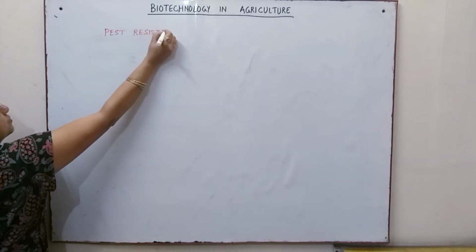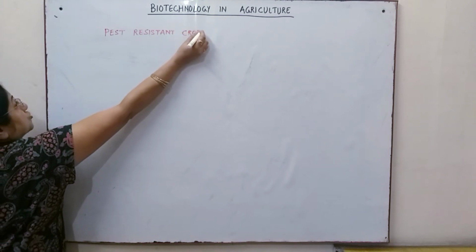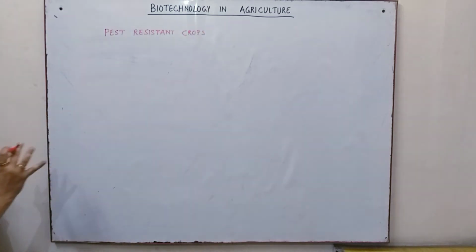These pest resistant crops have the advantage of using less pesticides, or we can say that biotechnology is helping farmers by reducing the application of pesticides, which are chemicals.